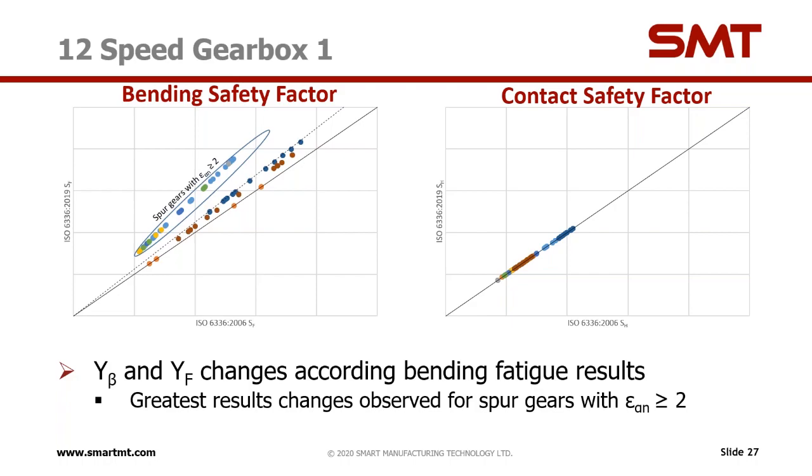The biggest change, which is circled, is due to spur gears with contact ratio greater than 2, which would get F epsilon of 0.7, which would show an increase in safety factors of about 43%.